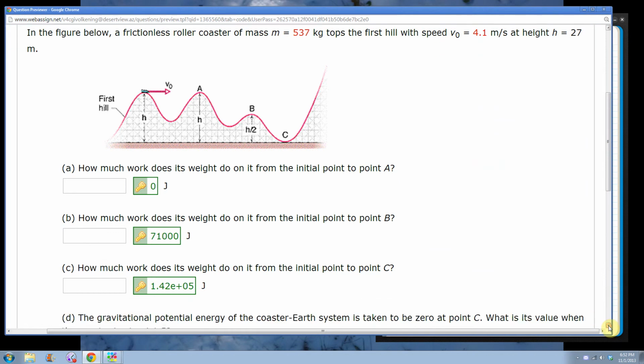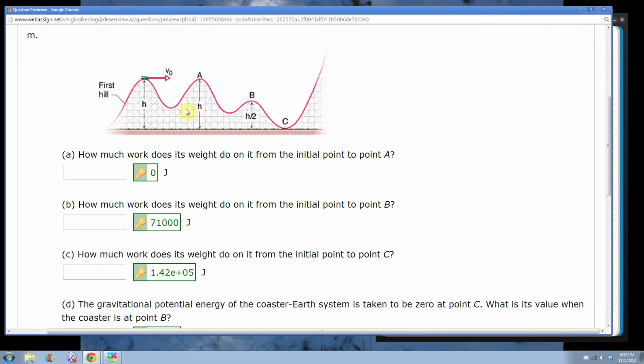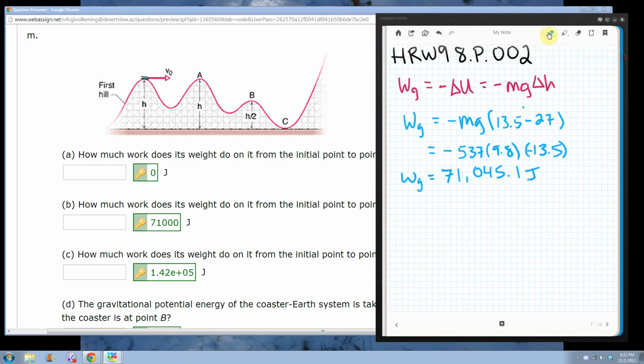Okay, how much work does it do on it from the initial point to point C? Well, from here to point C, I drop the entire 27. So basically, same exact equation, but instead of 13.5, it's 27. Basically, I'm going to double this number.